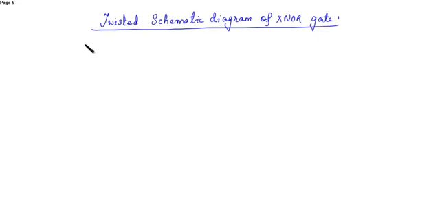Now let's see the twisted schematic diagram of an XNOR gate. As we all know, the twisted schematic diagram of the XNOR gate will have 4 PMOS twisted, 4 NMOS twisted. So draw that first. This is PMOS 1. This is PMOS 2.